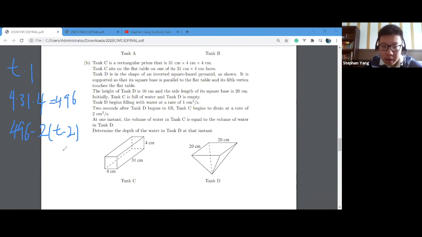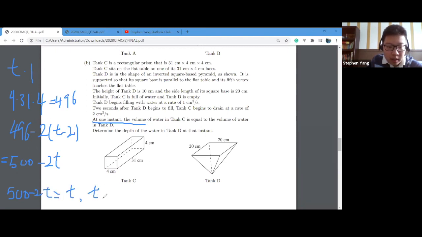There will be this amount of water after T seconds. Simplifying, that equals 500 minus 2T. And it says at one instant, the volume of water in tank C is equal to the volume of water in tank D. So that happens when 500 minus 2T is equal to T, which means T is equal to 500 over 3.